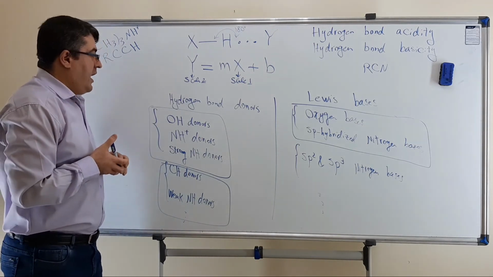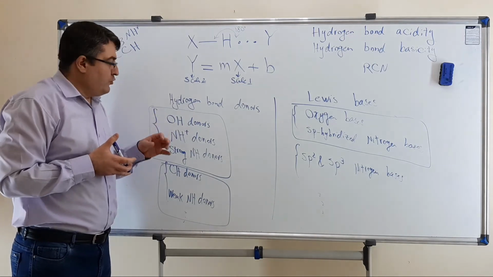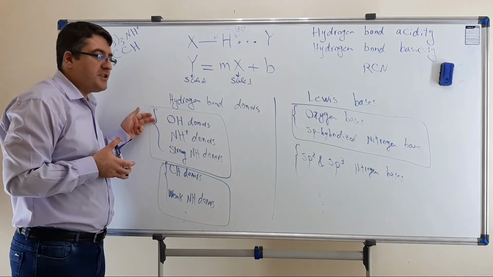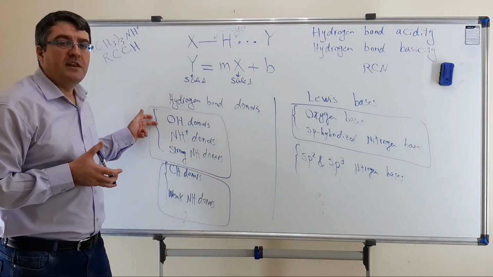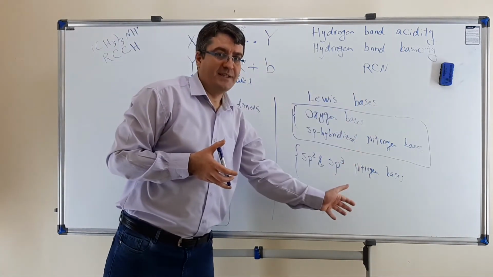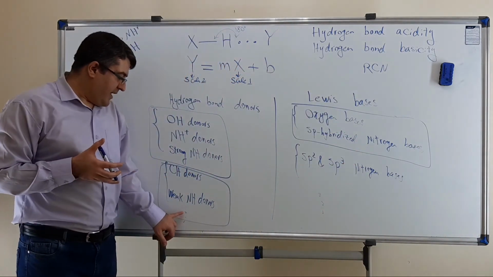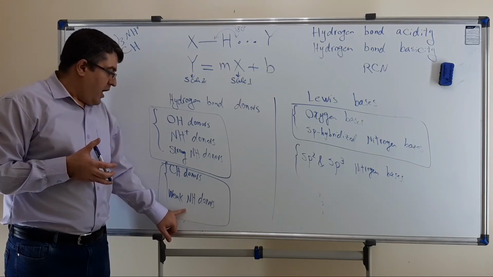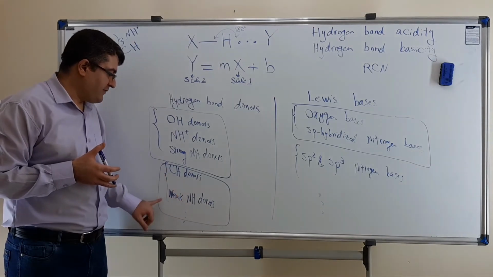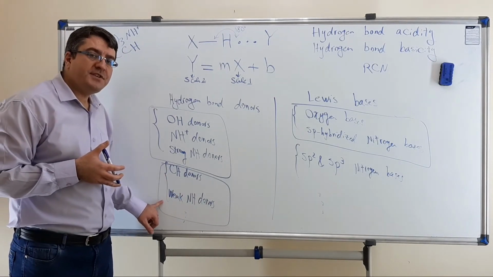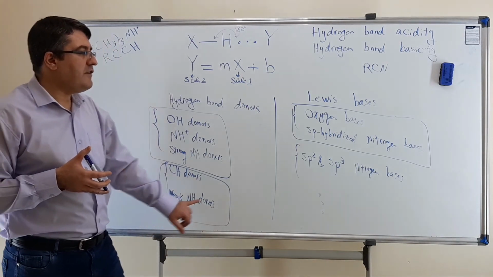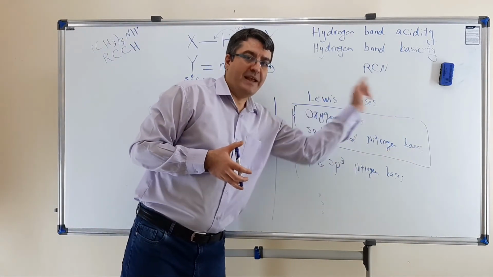So if a scale uses one of these hydrogen bond donors, it will be consistent with the 4-fluorophenol scale for all of these kinds of bases. But if a scale uses the reference hydrogen bond donor which is one of these ones, it will be consistent with the 4-fluorophenol hydrogen bond basicity scale only for these types of Lewis bases.